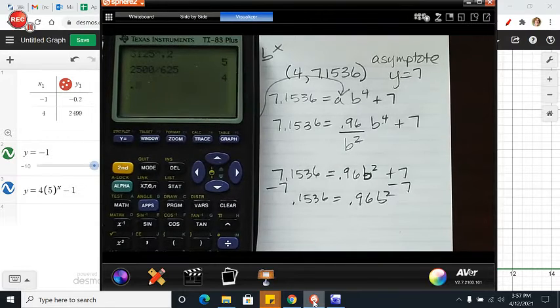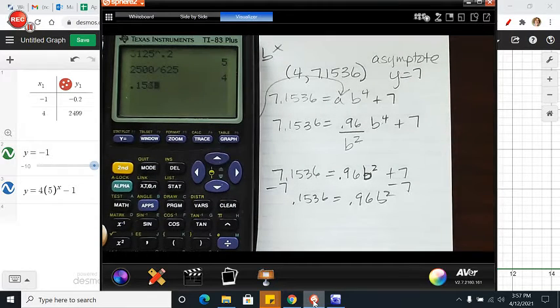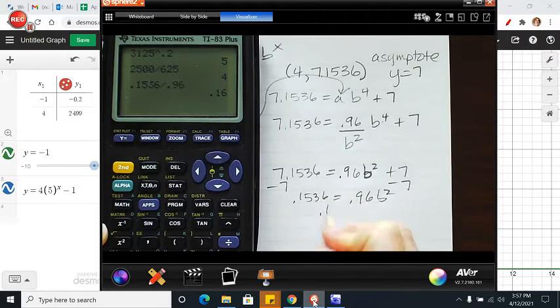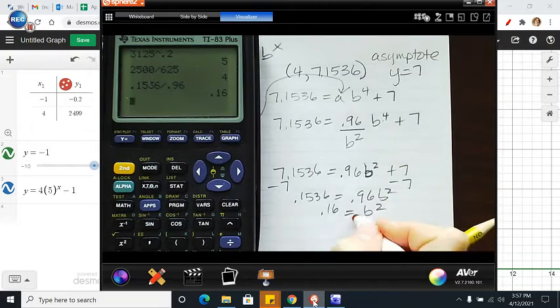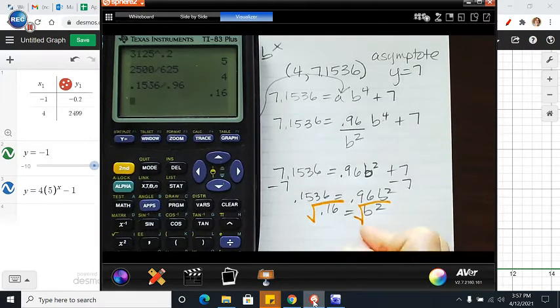Okay, 0.16 divided by 0.96 equals b squared. So I'm going to take the square root of each side. And the square root of 0.16 is 0.4.